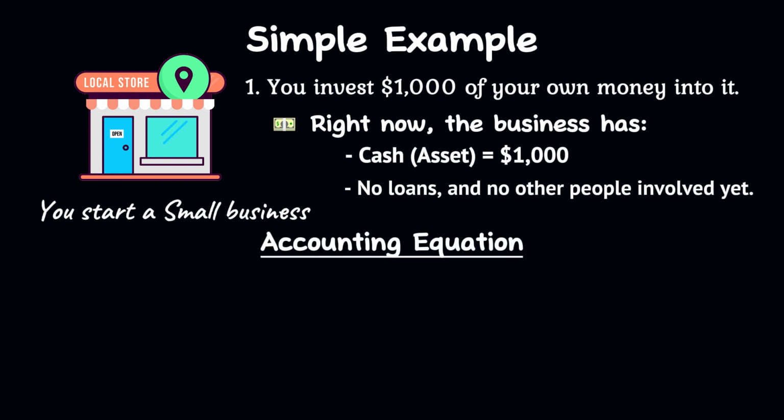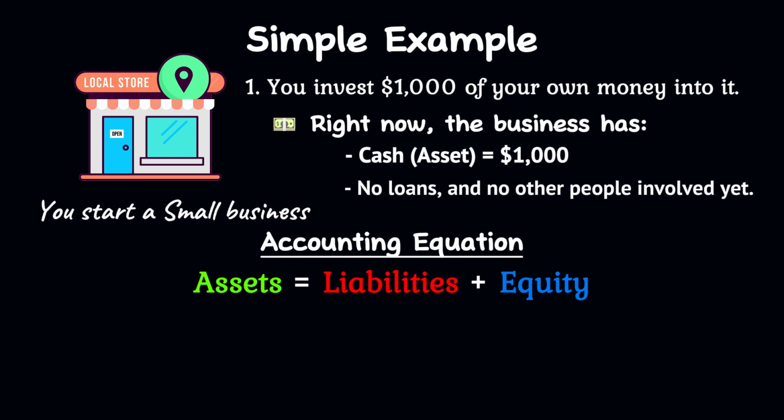So as we know, assets equal liabilities plus equity. So in the asset section, we have $1,000, we have zero liability here, and we have $1,000 of equity. And this means that the business owns $1,000 in cash. It owes nothing to others, but it owes $1,000 to you, as you are the owner of this business.